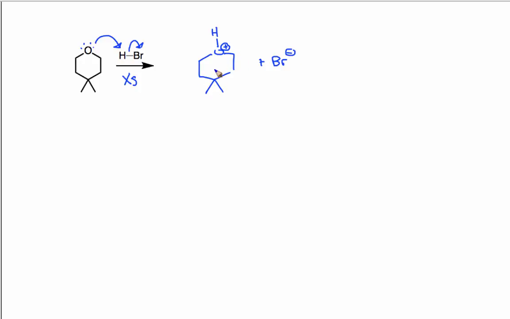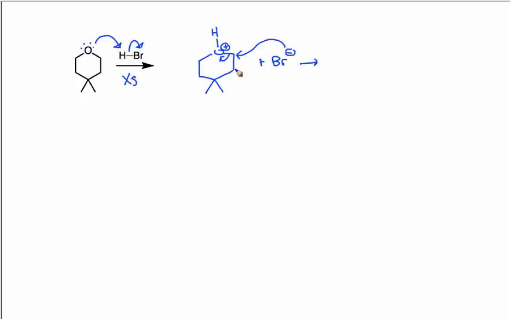So now we essentially have a good leaving group, a positively charged oxygen, and we have Br minus, which can act as a nucleophile. So what I'm going to do now is use this bromine as a nucleophile, attack this electrophilic carbon, and then just kick off this alcohol.